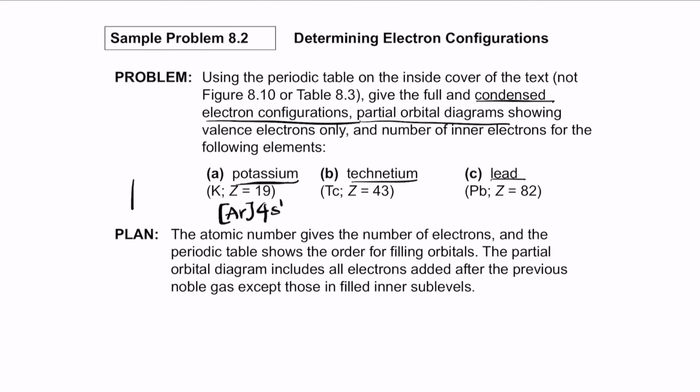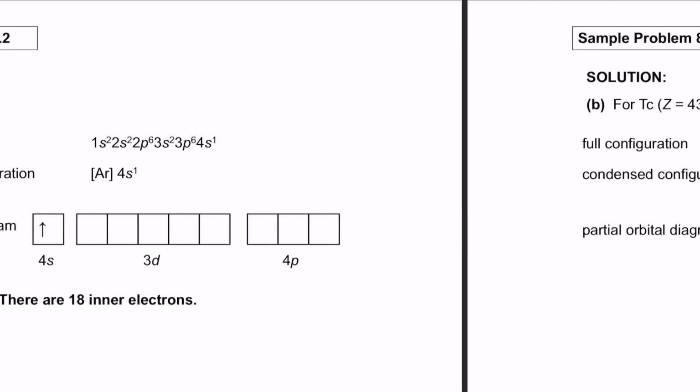And the highest energy one is the 4s1 orbital. So we can write the partial electronic configuration of 4s here. This is the condensed orbital diagram, partial orbital diagram. And this is the condensed electronic configuration. So use the same principle now and try to write down the electronic configurations for technetium and lead.